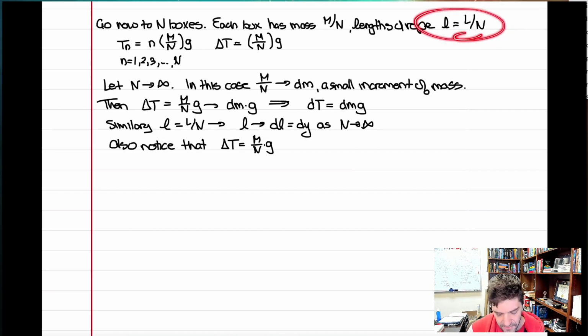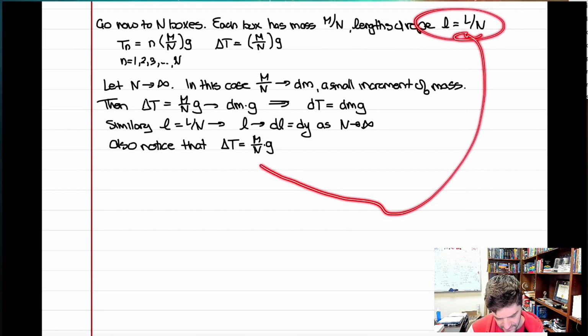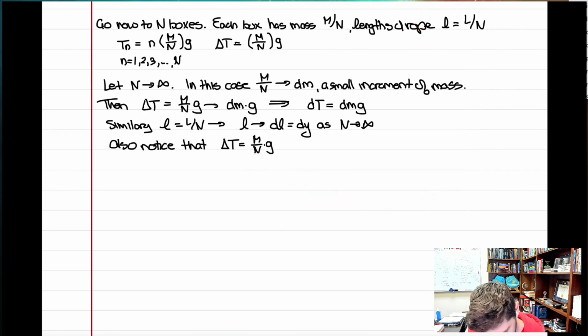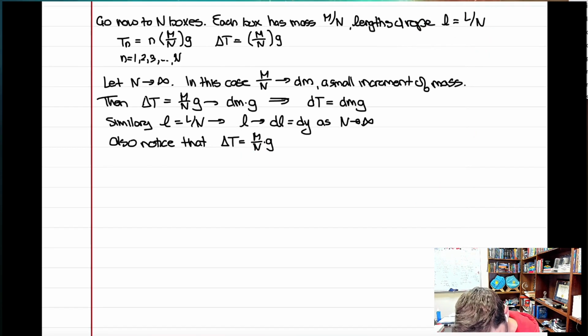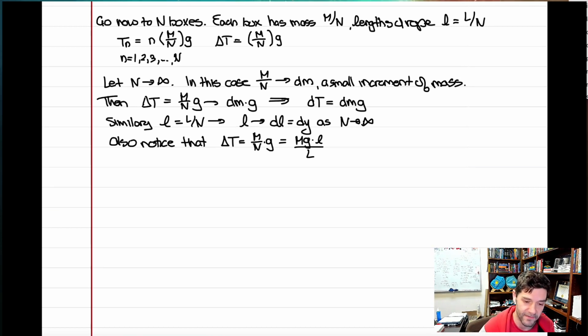I could essentially solve this for n and then plug that into this expression. So if I do that, then delta t is not m over n times g, but m times g, and then n is going to be big L divided by little l. So then this becomes m times g times little l divided by big L.